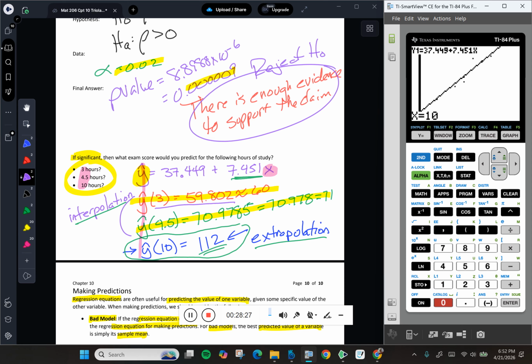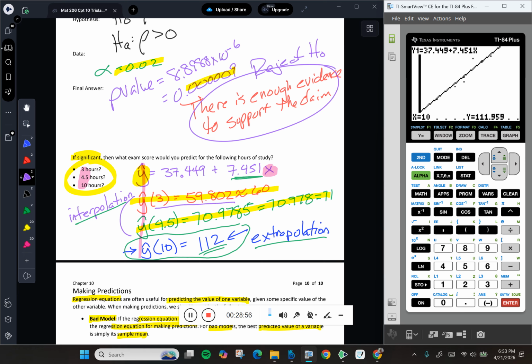Now I could go to 10 and I could get that 111.95, which we call 12. So this is just another way that you could evaluate or predict Y hats from X's. I don't recommend it as a way to do it, especially with that last issue with changing the window. But some people like to do everything on the calculator, and it does do that. So it's just another way you could do it.